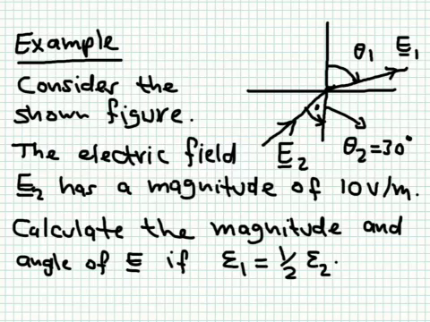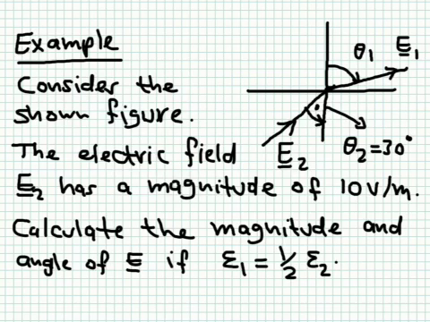Now let's consider a couple of examples on this concept of continuity of the tangential electric field and the continuity of normal components of the vector D. Consider the figure shown here. We have the field in two different media. In the second medium we have E2. It makes an angle of 30 degrees with the normal to the surface, and the vector E2 has a magnitude of 10 volts per meter.